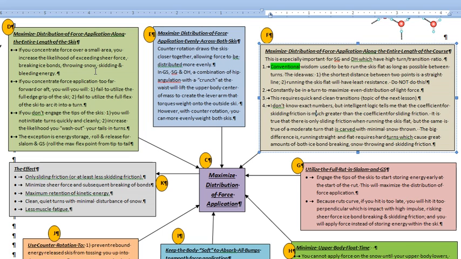So generally, you want to spread out the pressure along the entire ski. Now, if you concentrate force application too far forward or aft, you will, one, fail to utilize the full edge grip of the ski. Two, fail to utilize the full flex of the ski to arc it into a carved turn.